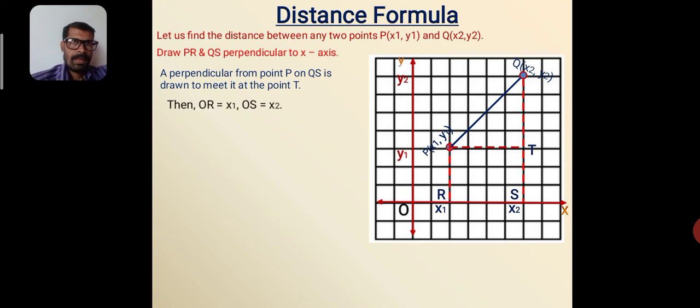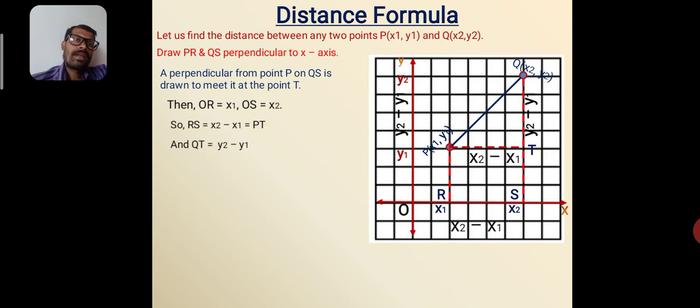Now OR is x1, of course, and OS is x2. OS is greater than OR, therefore RS is equal to PT, which is x2 minus x1, the difference of those distances. Similarly QT is given by y2 minus y1.